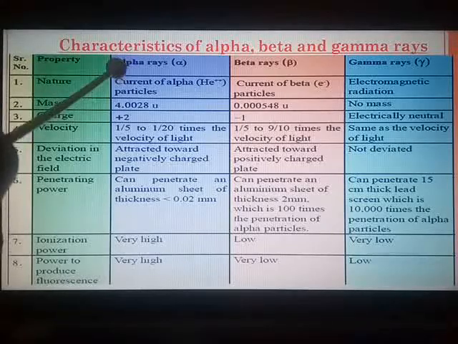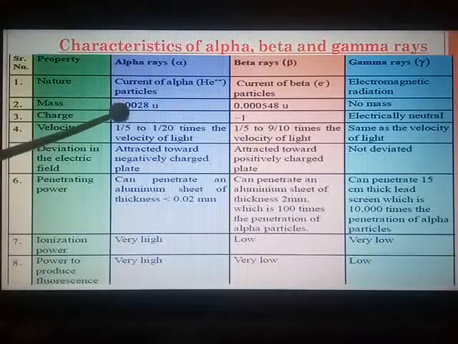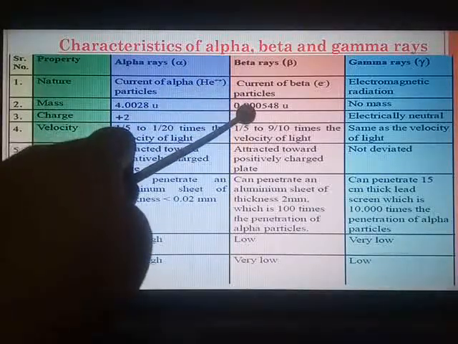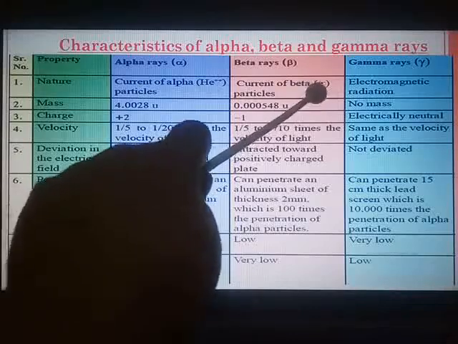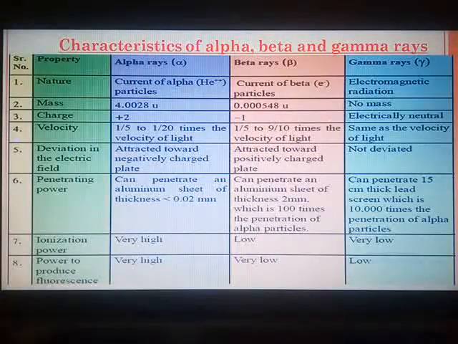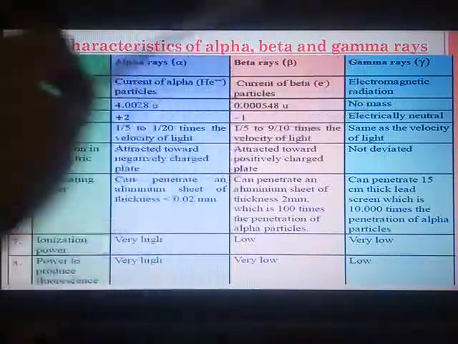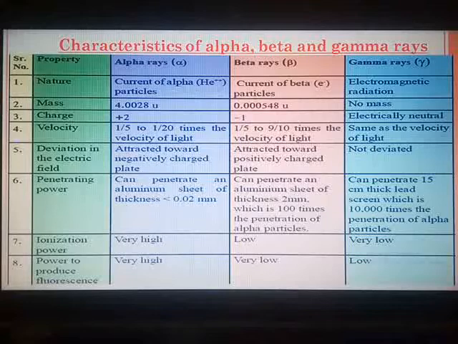Mass of alpha rays is 4.0028 Dalton, beta rays is 0.000548 Dalton, and gamma rays have no mass. Charge of alpha rays is +2, beta rays -1, gamma rays are electrically neutral in nature, having no charge, and hence they were not deviated towards any of the charged electrical plates.